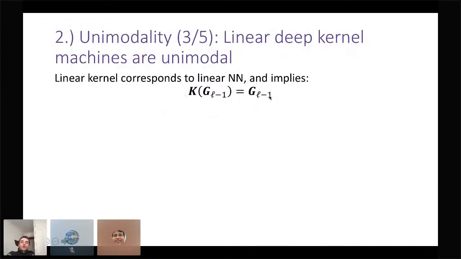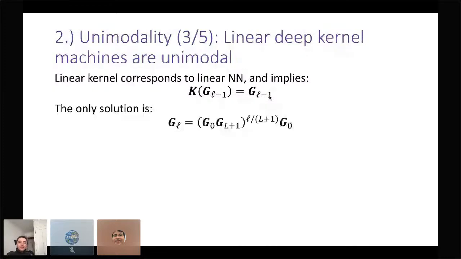So this corresponds very closely to a linear neural network, which is why I call it a linear deep kernel machine. In this case, it turns out the only optimum of those intermediate layer gram matrices is given by this functional form here.